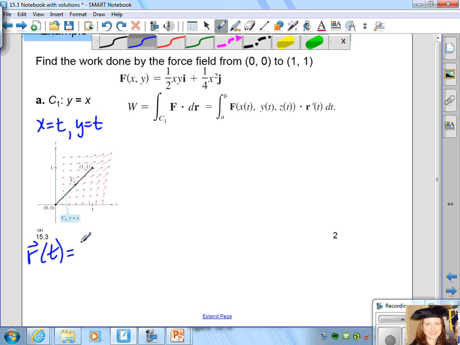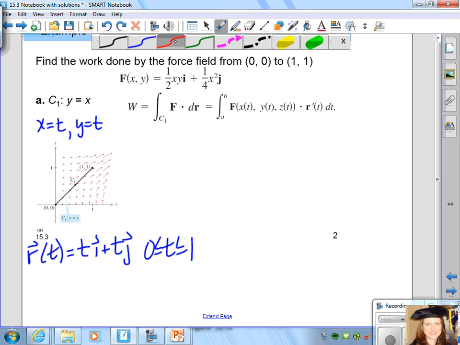In terms of t, we can represent it as t i plus t j. And we do need a time interval here. Beginning with t equals 0 and ending at t equals 1 would give us the correct start and end point. So t goes from 0 to 1.